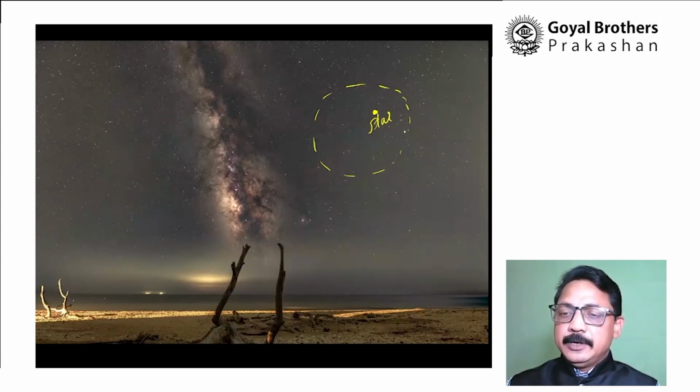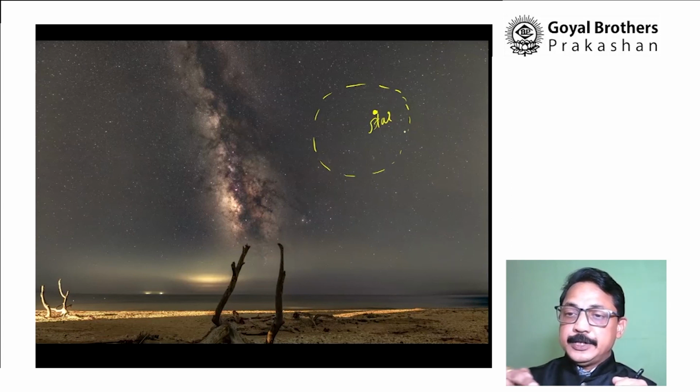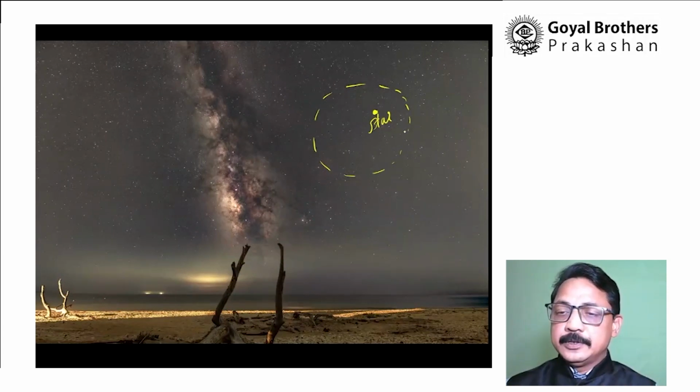In order to be called a planet, it should have sufficient mass. It should have quite a big size. So Earth belongs to the category of a planet. A planet is basically an object which has sufficient mass, which has its own orbit, and which keeps on revolving in that orbit around the star.